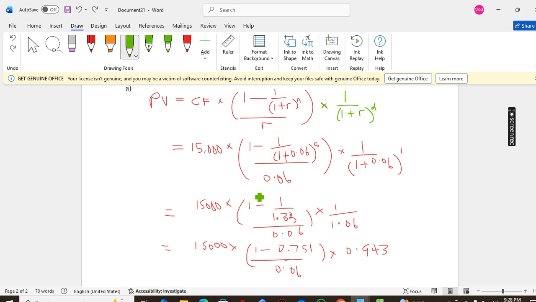The r is dividing everything on top, including the 1 minus, right? Yes.